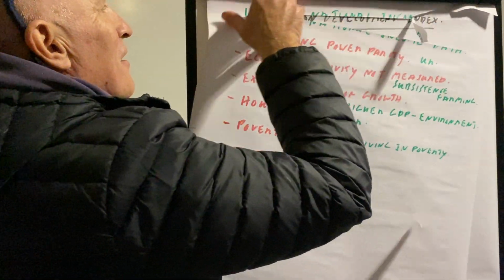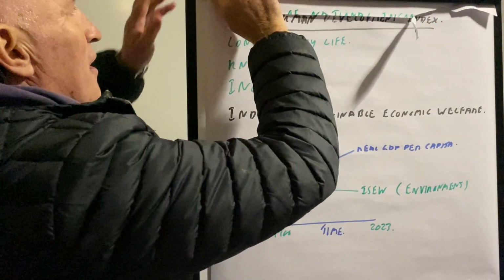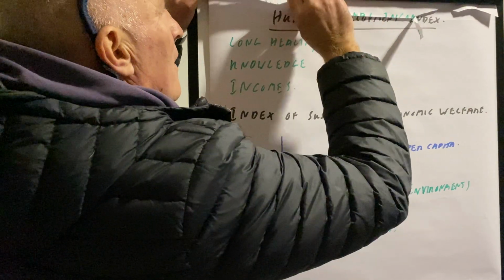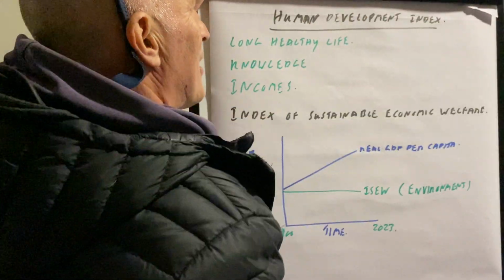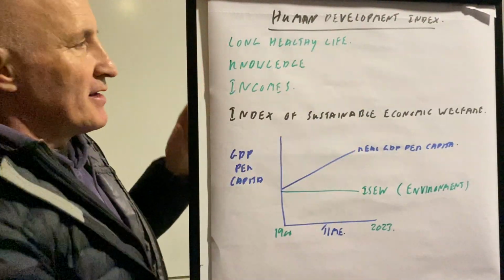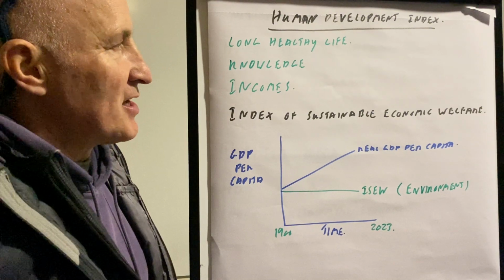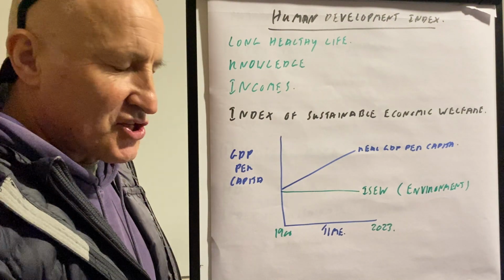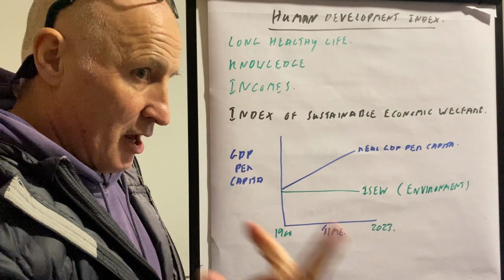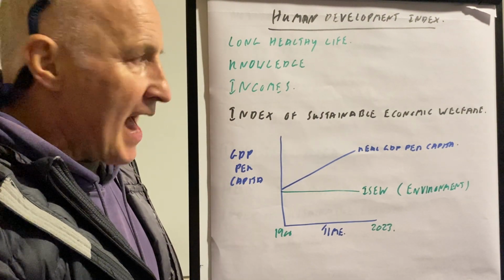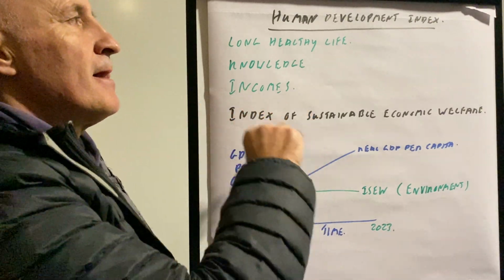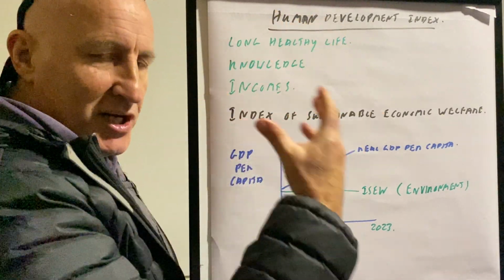Next one on here, sorry, I've made a big mistake, there we go. We then have the Human Development Index, which is long, healthy life, life expectancy, knowledge, and also our incomes, okay? So this is a broader measure than real GDP per capita.